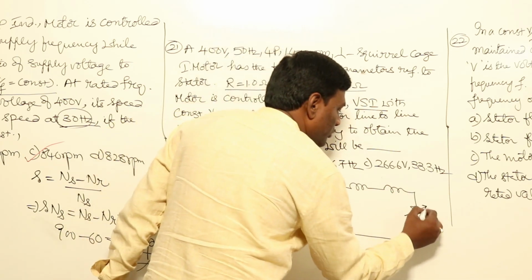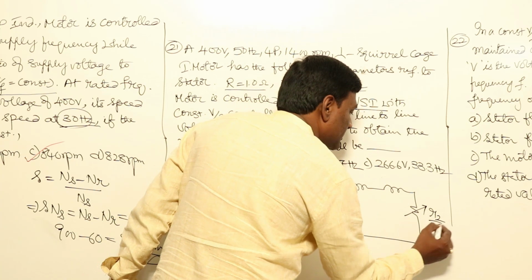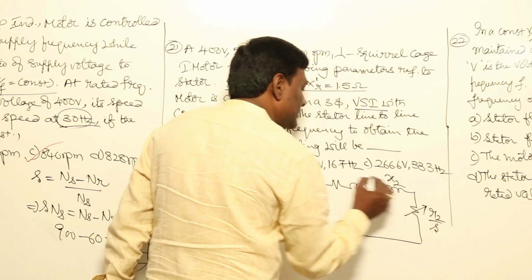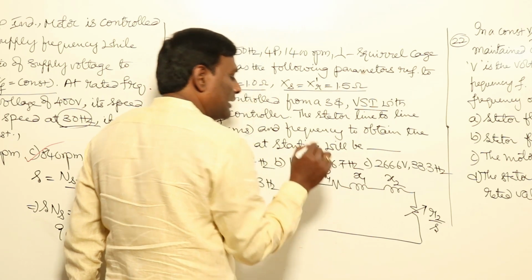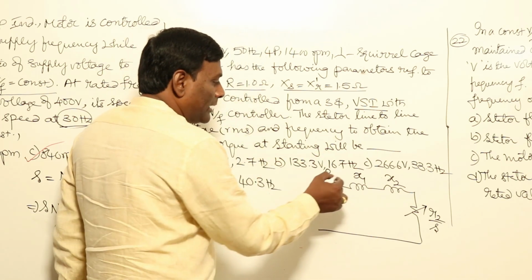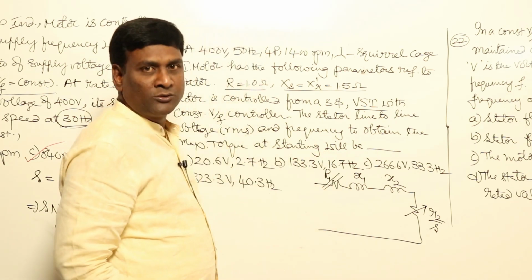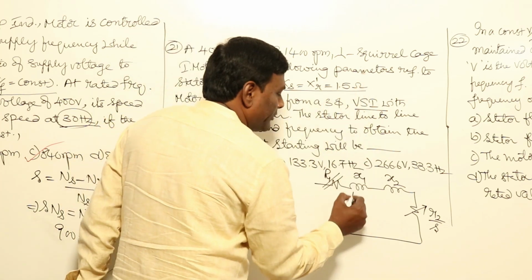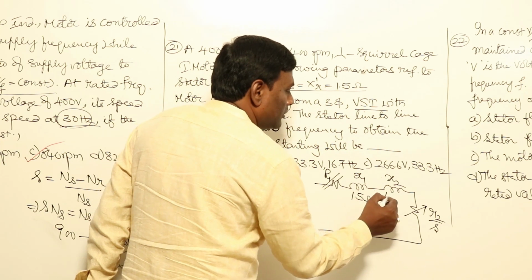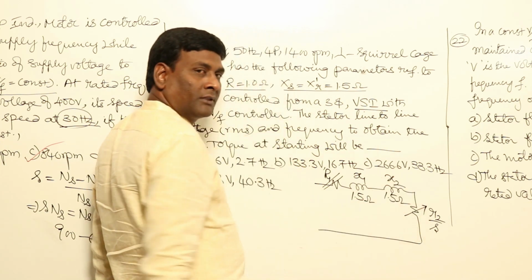This is going to be R2 by S, this is going to be X2, this is going to be X1 or XTH, whatever it may be, and this is going to be R1 or RTH. About R1 they did not give any information, so it's going to be 0, and X1, X2 equal to 1.5 ohm each.